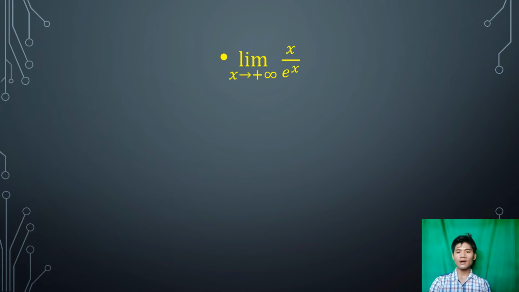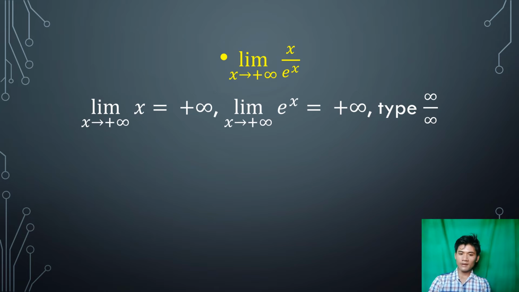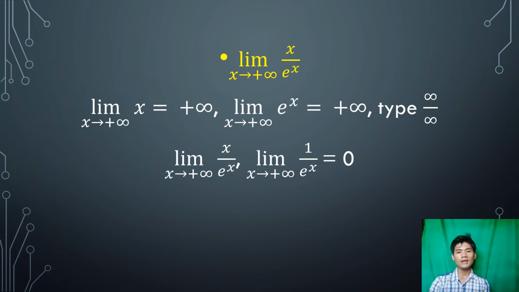Next, we have the limit of x over e raised to x as x approaches positive infinity. The limit of x as x approaches positive infinity is equal to positive infinity, and the limit of e raised to x as x approaches positive infinity is also positive infinity. So the given is in indeterminate form type infinity over infinity.